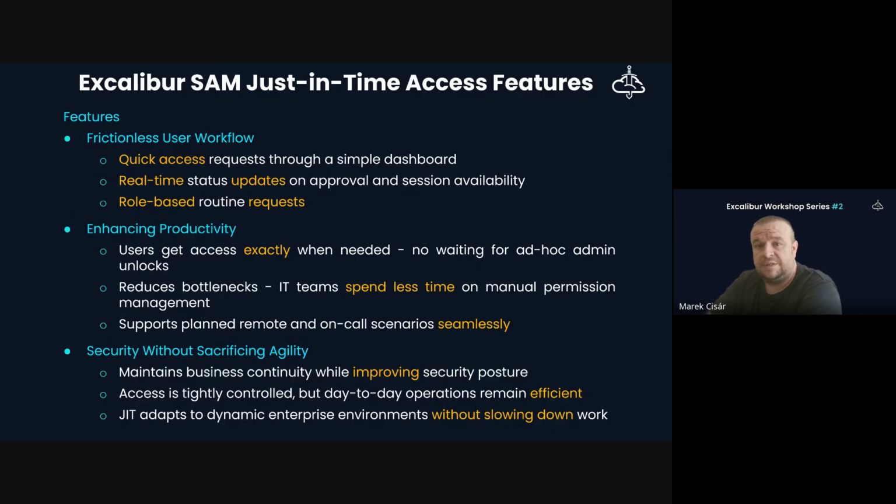The same is in the just-in-time access. And the requesting and approval of the access is basically role-based. So you can select a specified user group to approve those requests, and that's it.